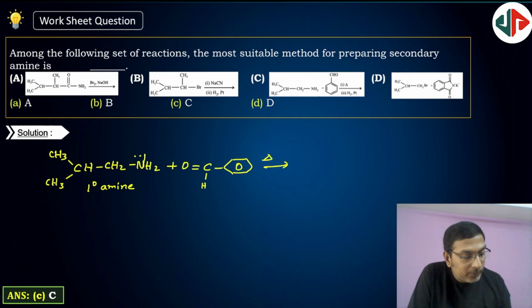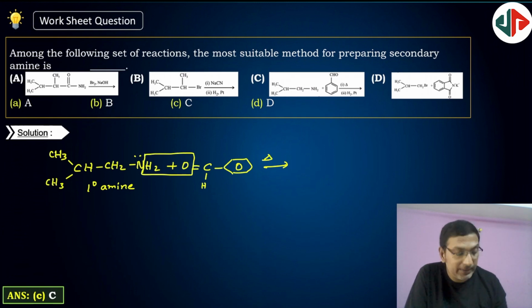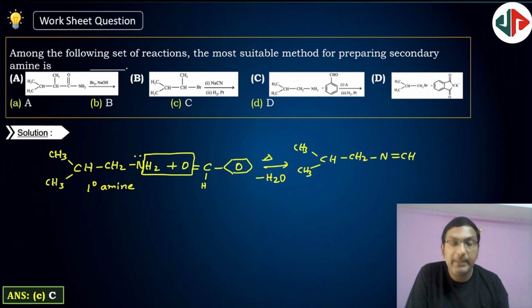So here removal of water molecule, minus H2O, it will form CH3CH2CH2N=CH and the C6H5, which is benzene.